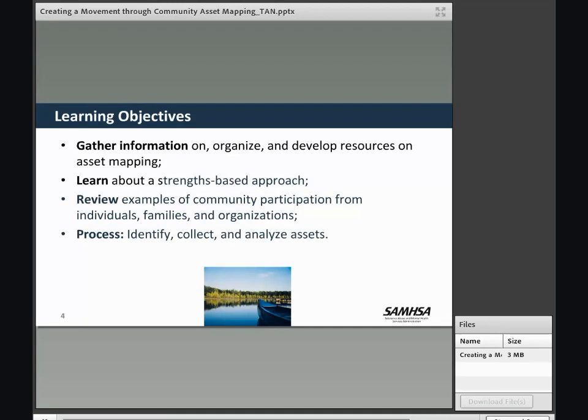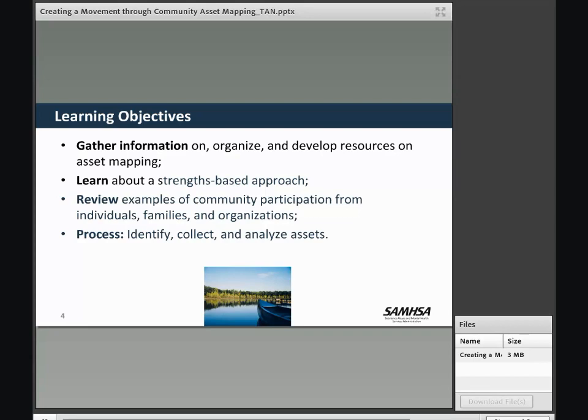So, community asset mapping. Some of our learning objectives for today: we're going to be gathering information. Let me start with what is community asset mapping.